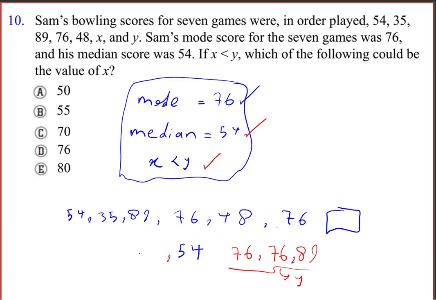Until now we understood it. The other numbers are 48 and 35. And the X can be less than 35 or between 35 and 48 or between 48 and 54. What we know is that definitely it's less than this, because 54 is the median and we should have 3 numbers on left of it. So let's look at the choices. Look, in here all of them are more than 54 and we have just one number which is less than 54.